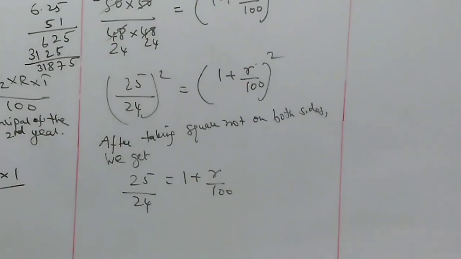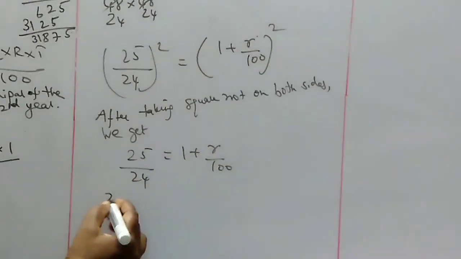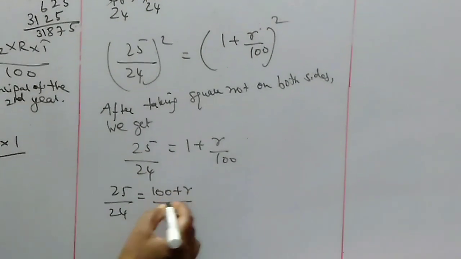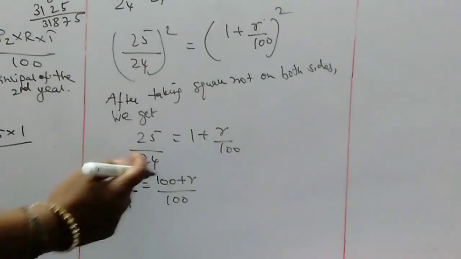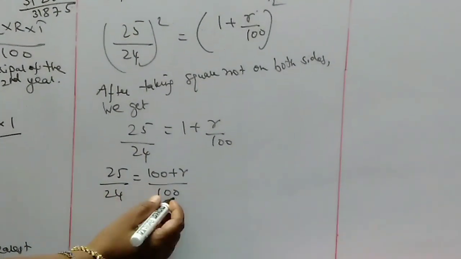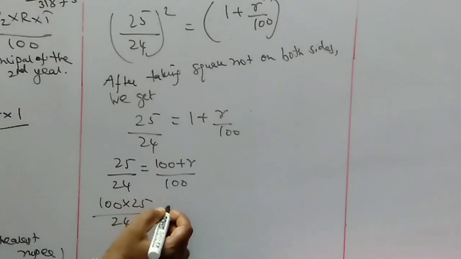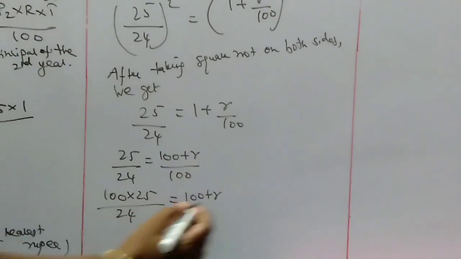Then 25 by 24 equals 100 plus r by 100. Then bring this to this side, equal to 100 plus r.